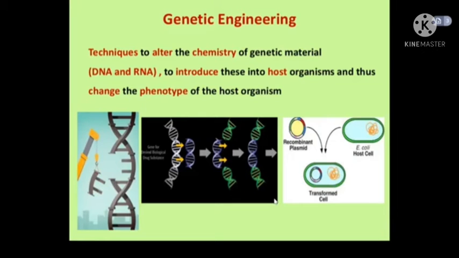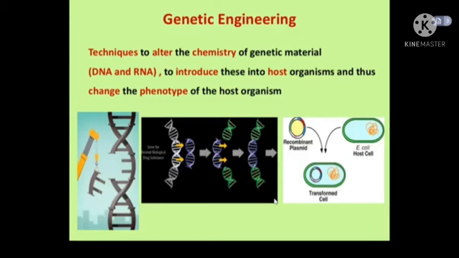For that purpose only we are using genetic engineering. So it is a technique to alter the chemistry of the genetic material. What are the genetic materials? DNA and RNA. And later, after altering the chemistry, we introduce these DNA and RNA into the host organism and thus change the phenotype of the host organism.